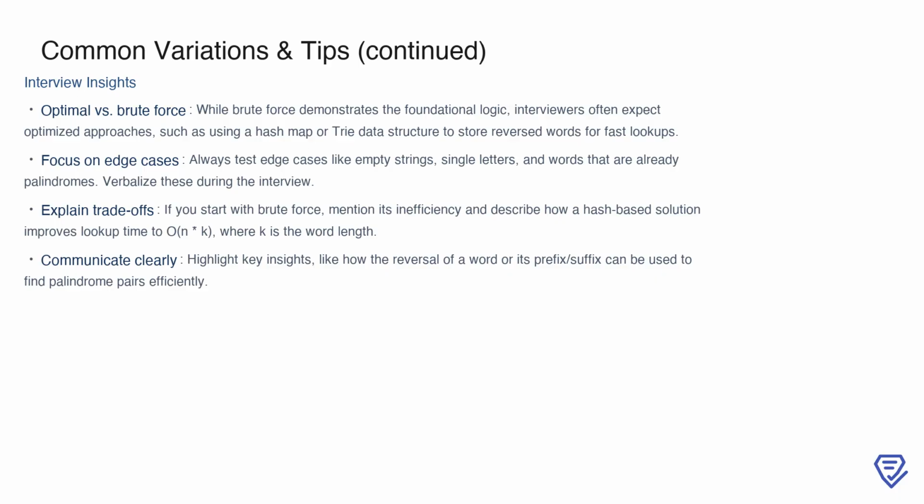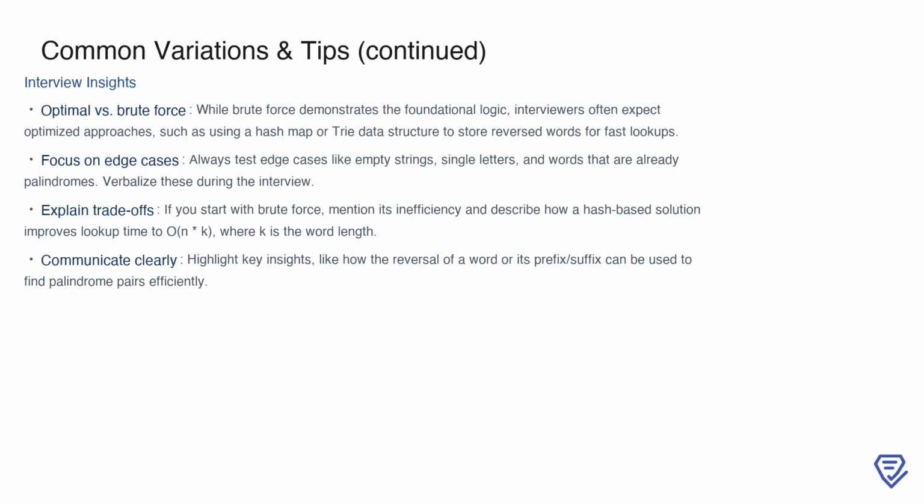When preparing for interviews, it's important to keep a few key insights in mind for the palindrome pairs problem. While brute force solutions are useful for demonstrating your understanding of the problem, interviewers will typically expect an optimized approach. Using a hash map or a tree data structure can store reversed words for fast lookups, making your solution significantly more efficient.